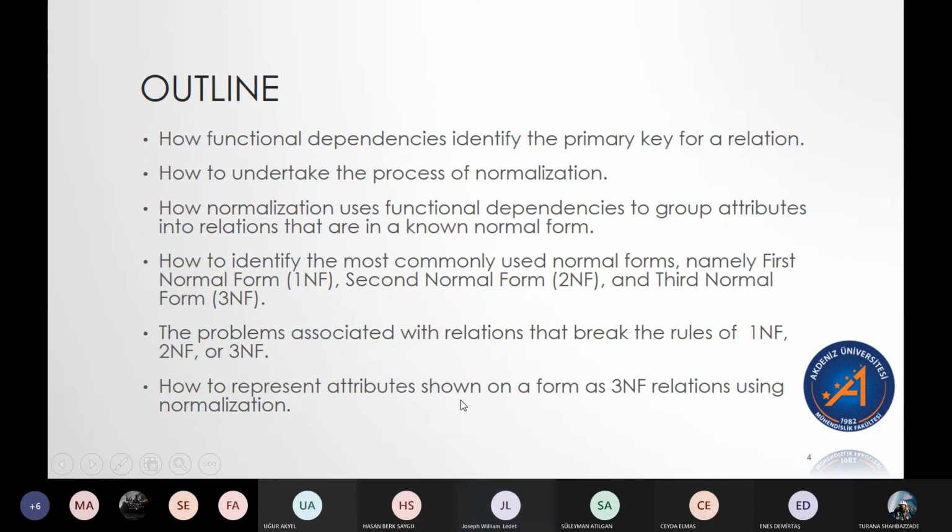We'll also talk about how we can use our functional dependencies to identify the primary key or a candidate key, those kinds of things, and how to perform the process of normalization.